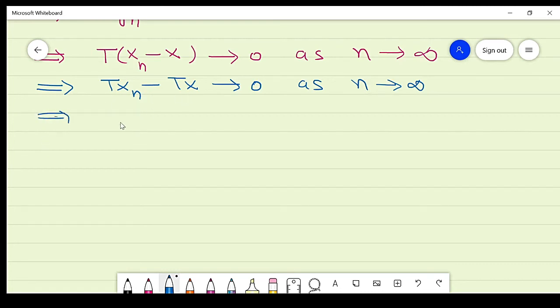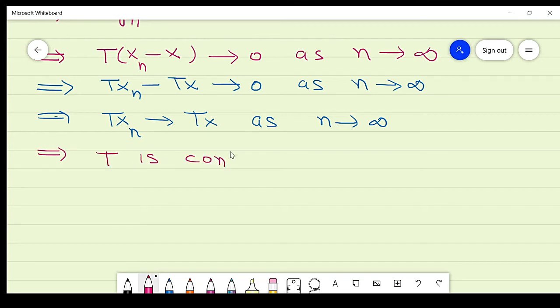It implies T of xn approaches Tx as n approaches infinity, right? So we get T is a continuous operator or function. So first implies second and second implies first, and first and second are equivalent to each other.